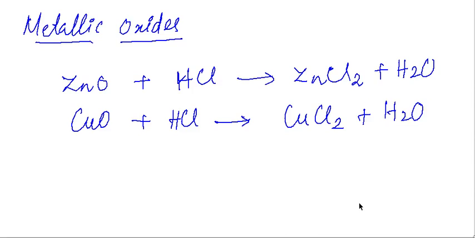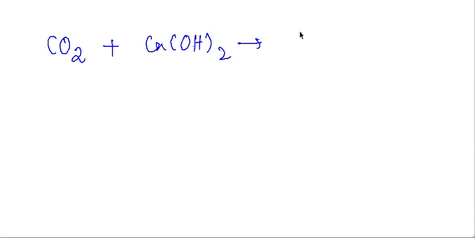Now do the non-metallic oxides react with acids? One of the examples of non-metallic oxides is carbon dioxide, and we have already seen that it reacts with calcium hydroxide to give us a salt and water, right?